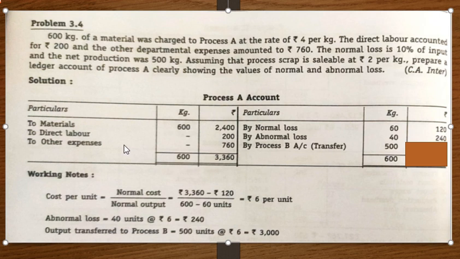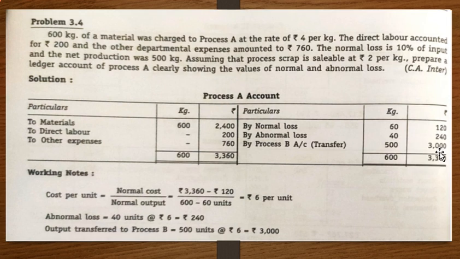Now you have got your normal loss and abnormal loss value. So the difference you get in your output column will be the value for your process B. As you know, the input value can be found out by the balancing figure. Always the balancing figure will be the value for the process account which is to be transferred to your next process. So what is the difference here? It is 3000. So how did you get 3000?